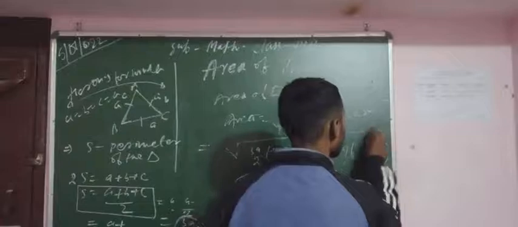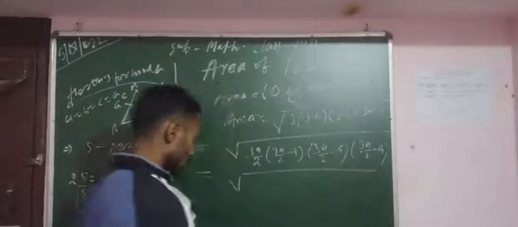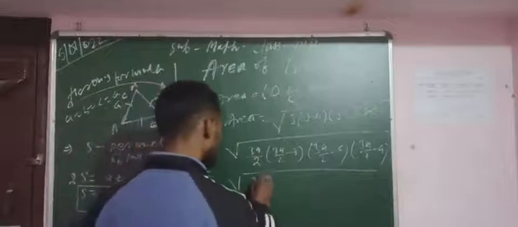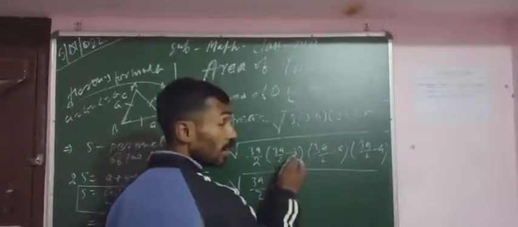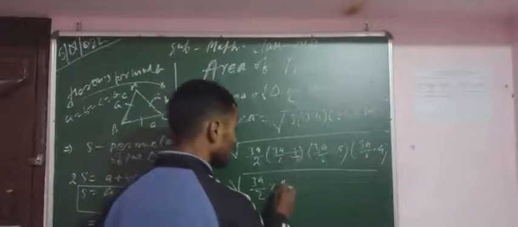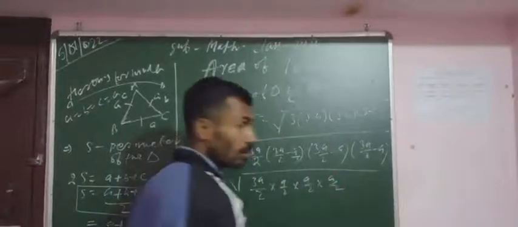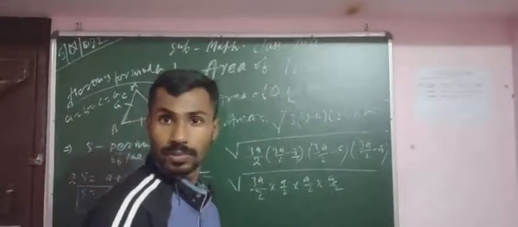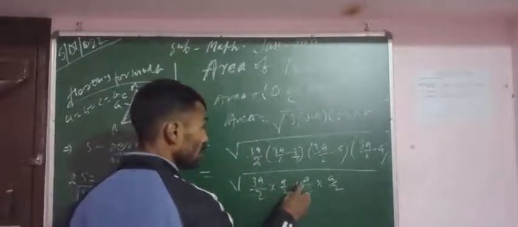Now look at this. 3a by 2 into, LCM करेंगे इसका 2. So (3a minus 2a) by 2, that means a by 2 into a by 2 into a by 2. Look at this. Now a square, a into a into a into a.